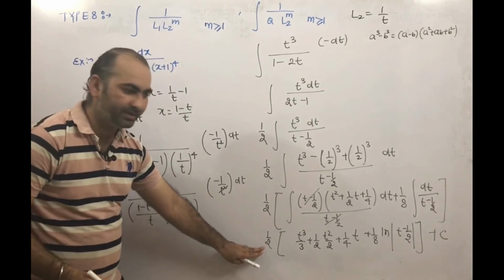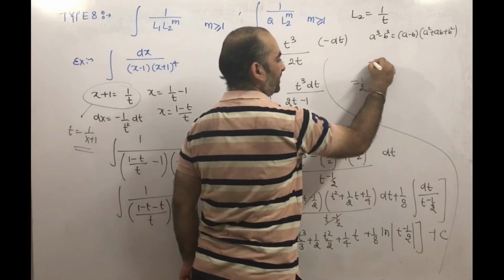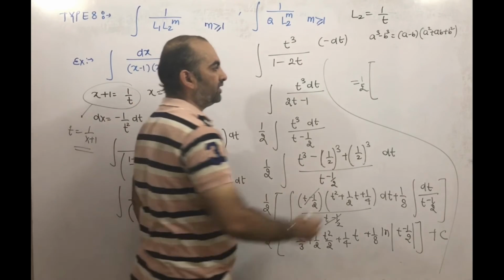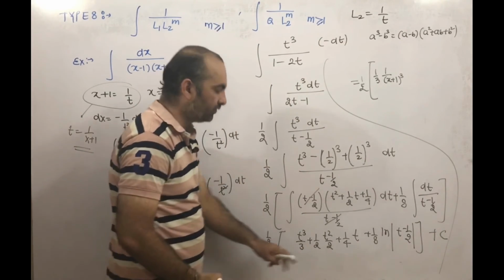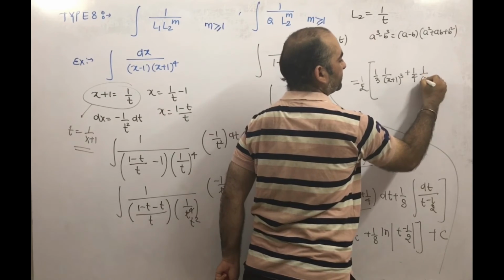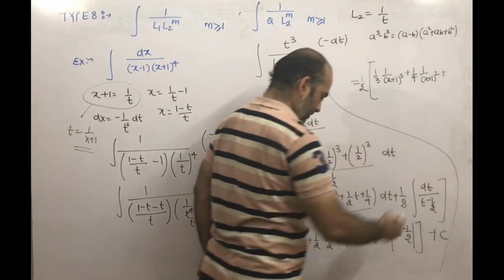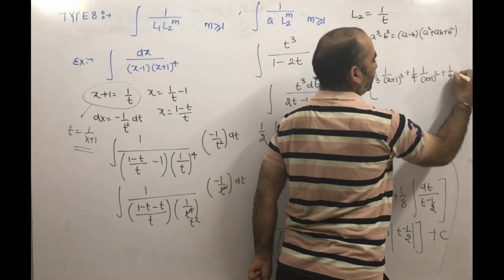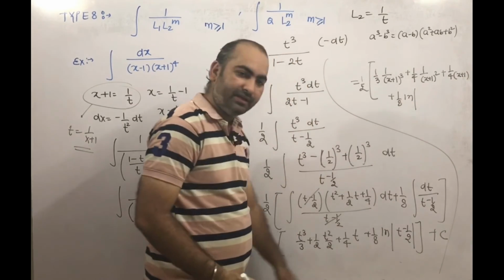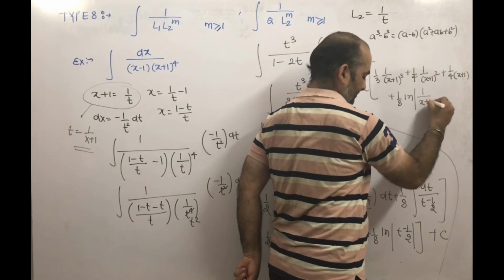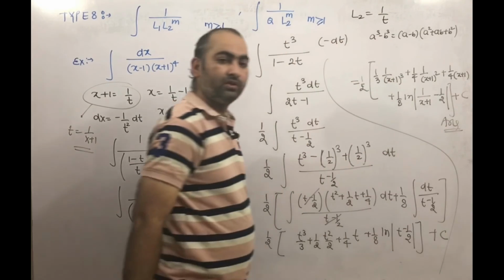So this integration becomes: 1 by 2 outside, in bracket t cube divided by 3, so 1 by 3 into 1 divided by (x plus 1) whole cube, plus 1 by 4 into 1 divided by (x plus 1) whole square, plus 1 by 4 into t, so plus 1 by 4 into 1 divided by (x plus 1), plus 1 by 8 ln modulus of (1 divided by (x plus 1) minus 1 by 2), plus c. This is your answer. So like that we have to integrate.